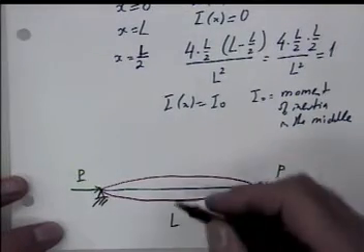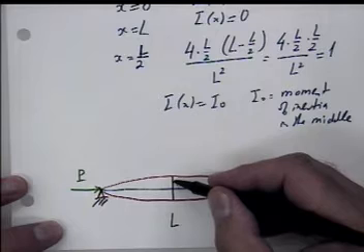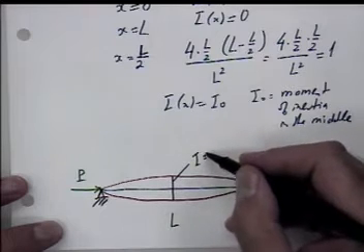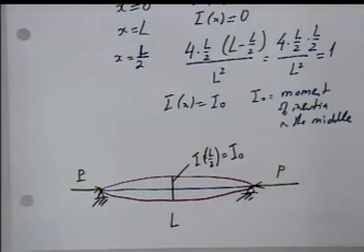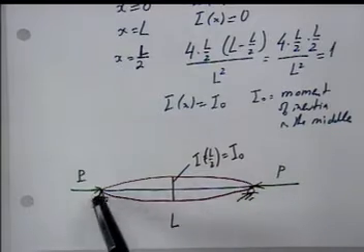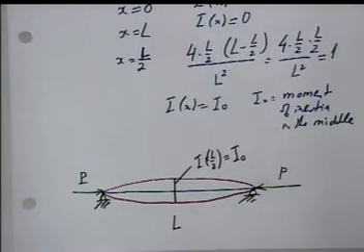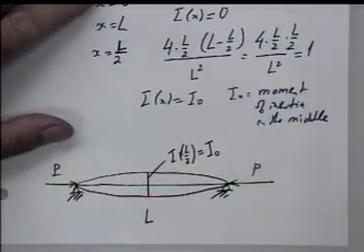The length is L. So here the moment of inertia I of L over 2 equals I0. Moments of inertia at the ends are 0. Did we write all of this?